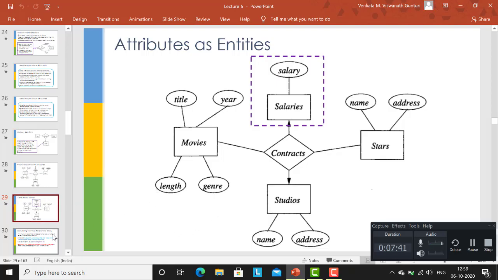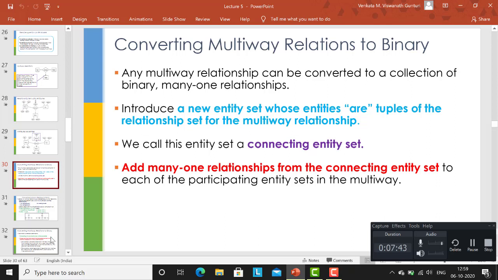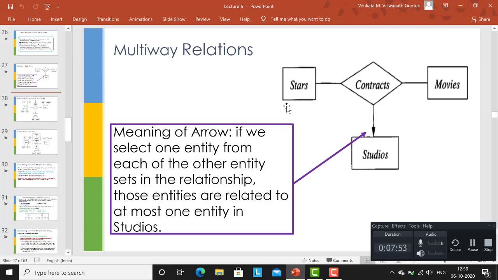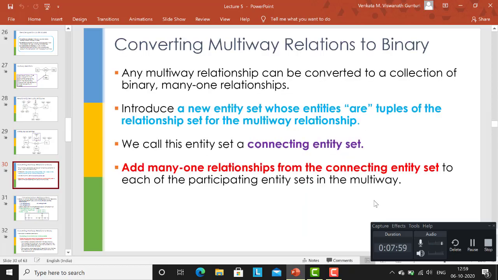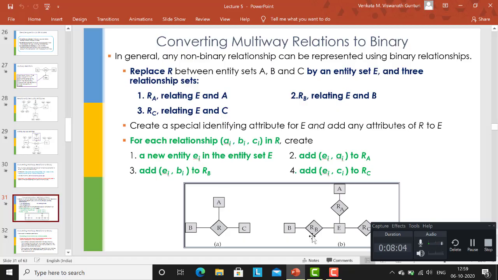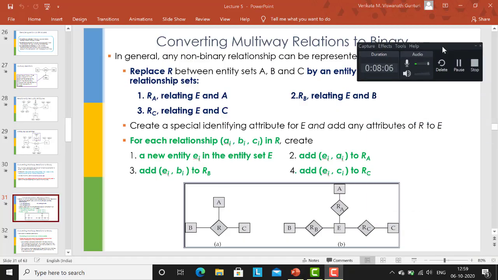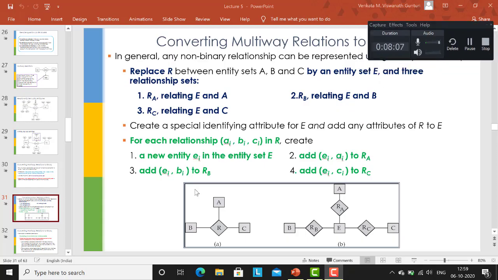Okay, going forward, so the next couple of slides, what we are talking about is that given a multi-way relation, something like this, right? Can I convert a multi-way relation into a binary relation? And there are ways of doing it. For example, over here, I picked it from your Korth textbook.